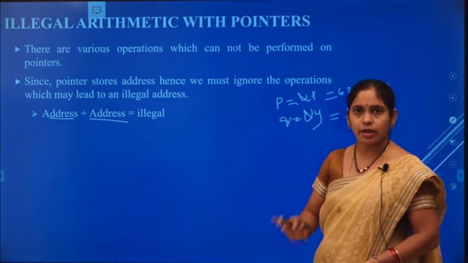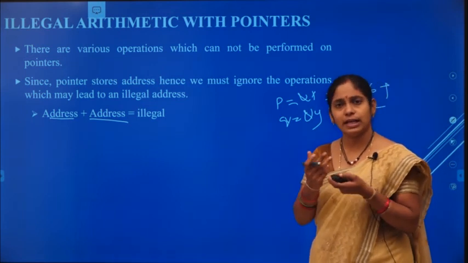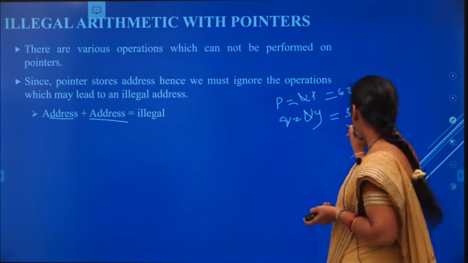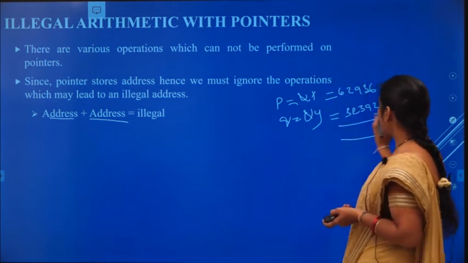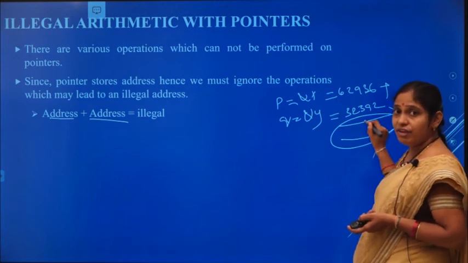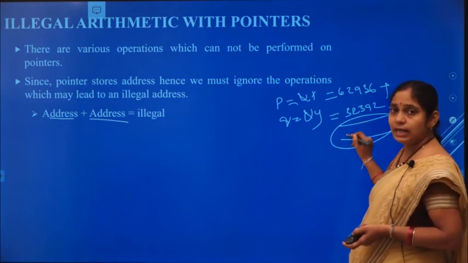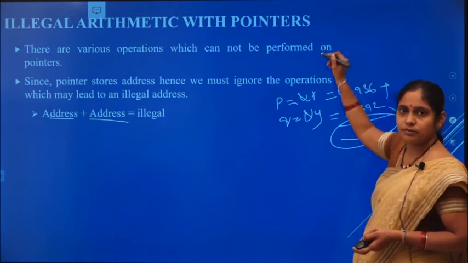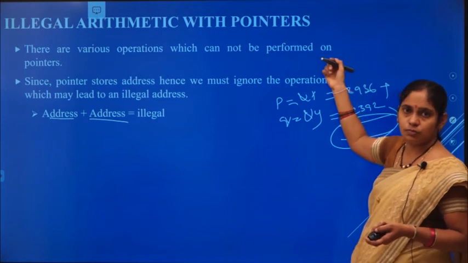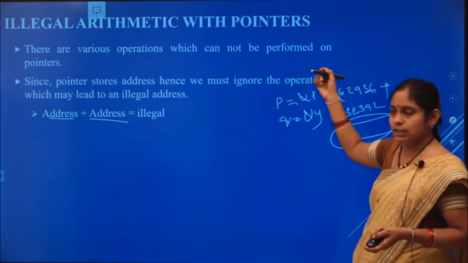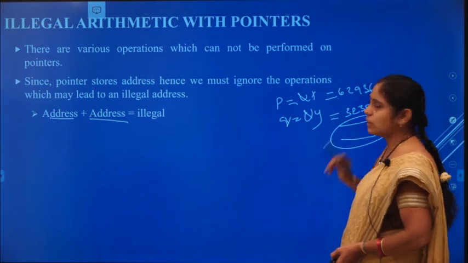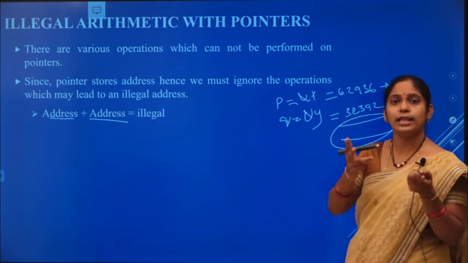If it is a simple addition, we can add the both. But by adding these two, can we find the resulting address location in the memory? No. This is one address, this is another address. How can we combine both the addresses?